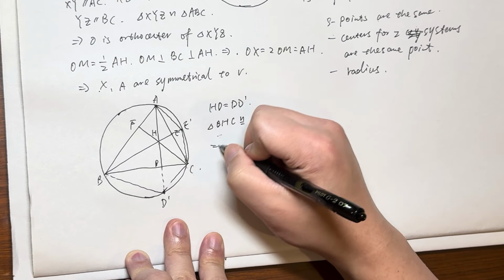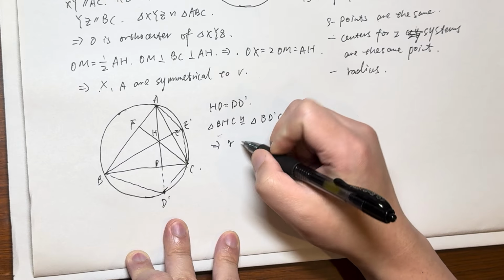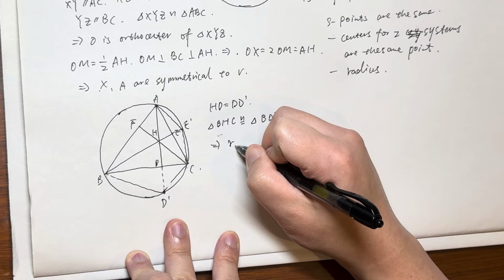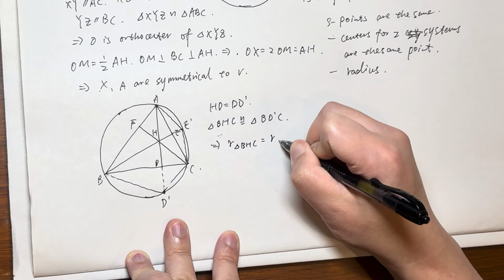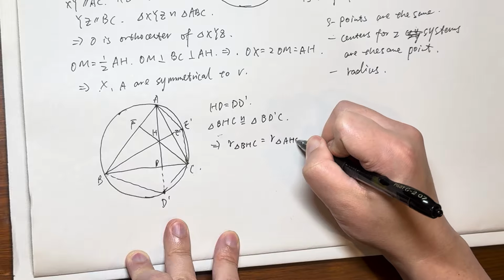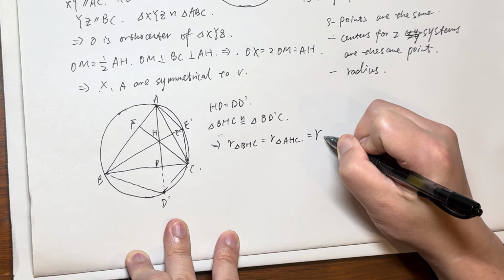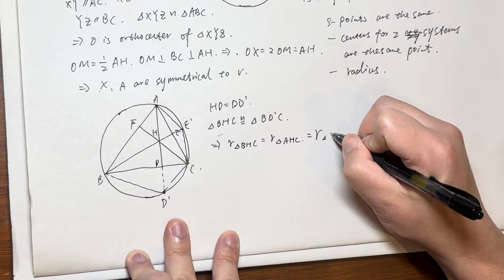Which means, let's say R, the radius of triangle BHC equals the radius of the triangle AHC equals the radius of the circumcircle of the triangle AHB.